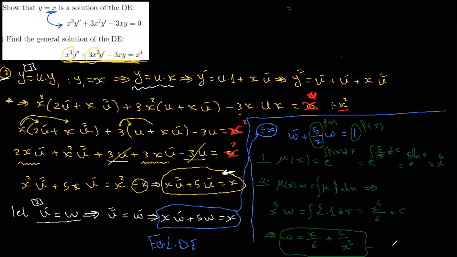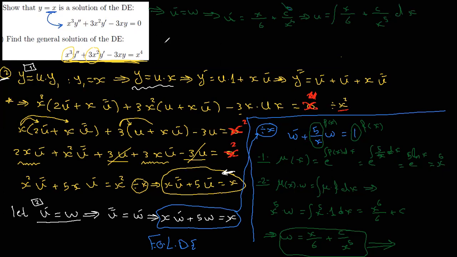You told me that u prime is w. So u prime equals x divided by 6 plus c over x to the power 5. So u equals the integral of x divided by 6 plus c divided by x to the power 5 dx.